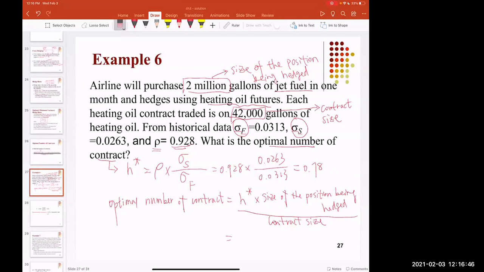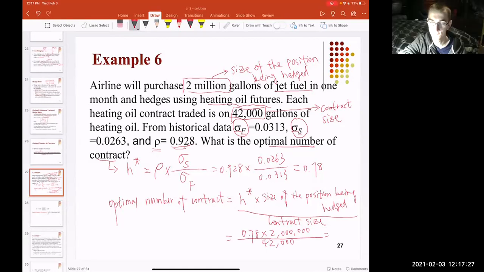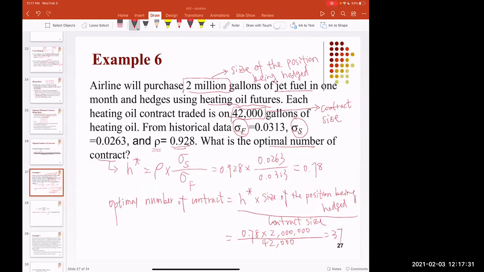Okay, so 0.78 times the size of the position being hedged, which is 2 million gallons, over the contract size, 42,000. So how many contracts would be optimal? Yeah, 37, you might just keep 37. Okay, just keep 37 as the optimal number of contracts. Or if you keep a decimal, that's fine. Either is fine, both fine.